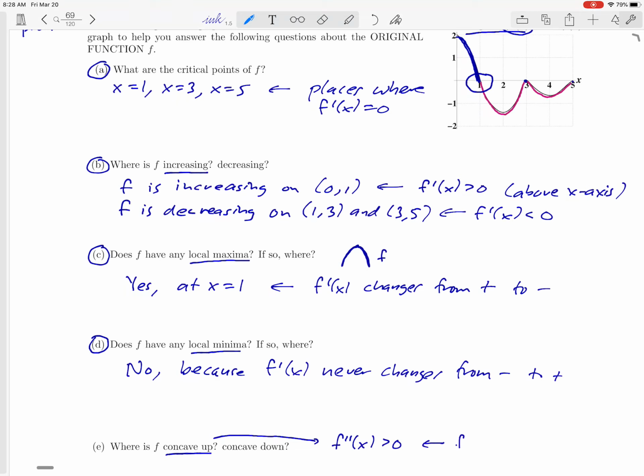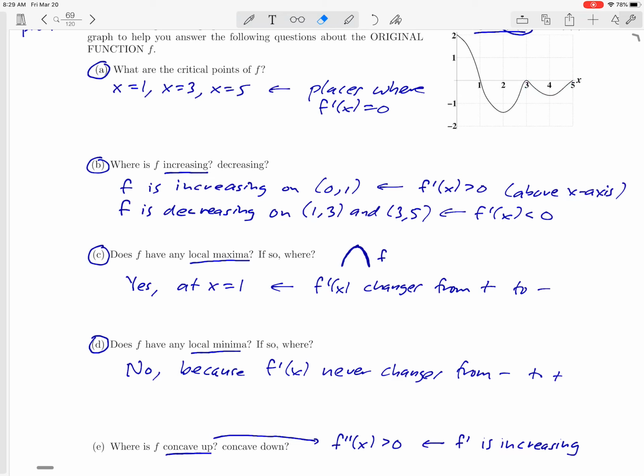If you go back a ways in the course, we talked about how the second derivative is positive when the first derivative is increasing. So we can answer this question of where f is concave up by asking, where is the derivative graph an increasing function?